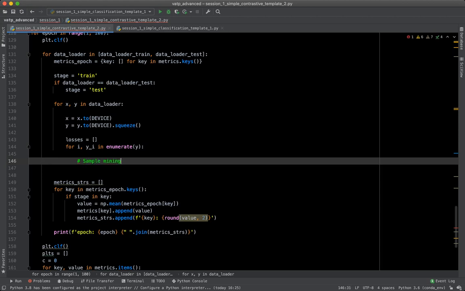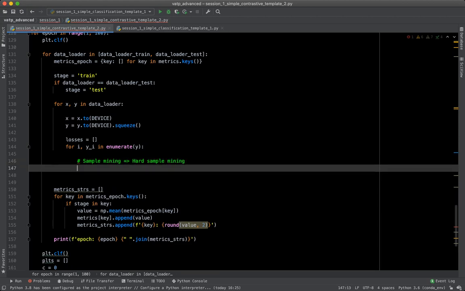In this case, it will be hard sample mining. By hard sample mining, I mean selecting those samples that are the worst samples possible. Like if I want my two vectors to be as close as possible and they are really a long distance away, I say that this is a bad sample.